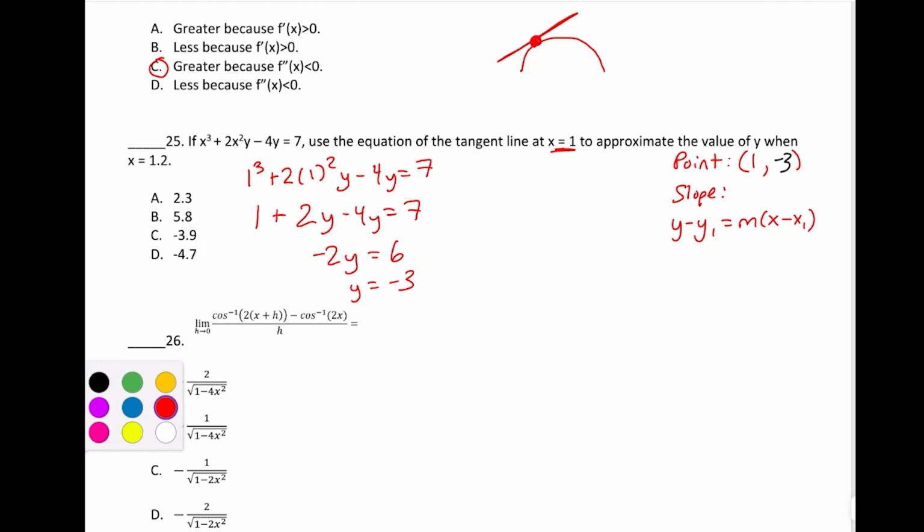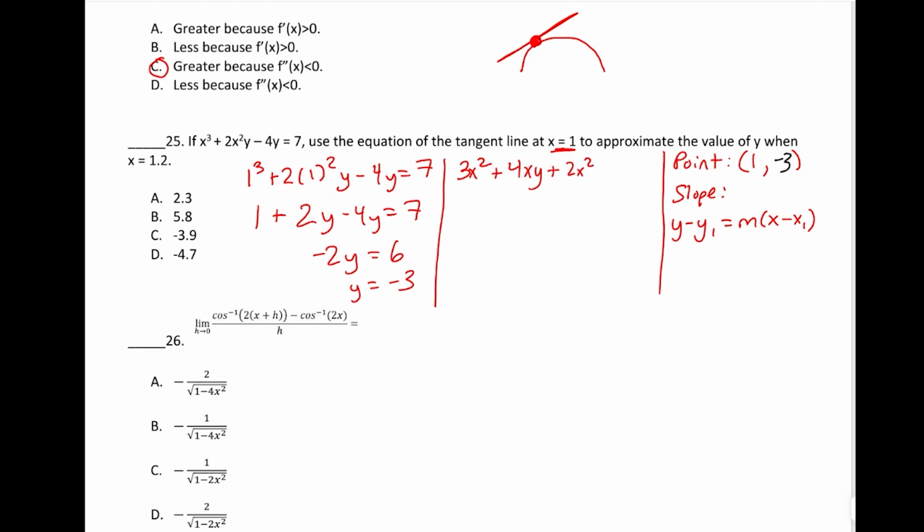The slope will be based on the derivative here, so this is going to take a little bit extra work. The derivative of our equation will be 3x squared plus, we're going to have to use a product rule here. So the derivative of 2x squared is going to be 4x times y plus 2x squared times y prime minus 4y prime equals 0.